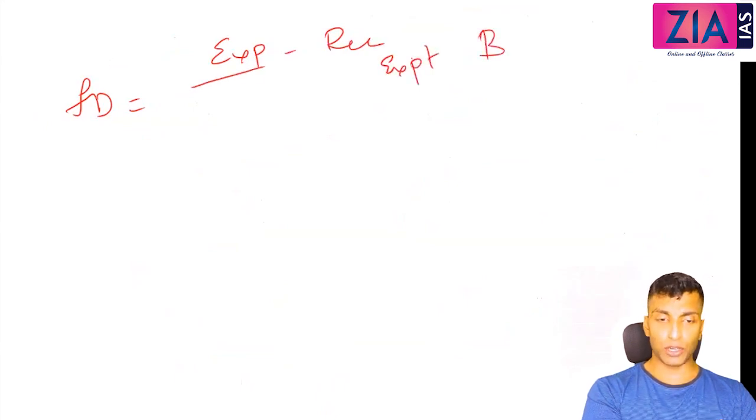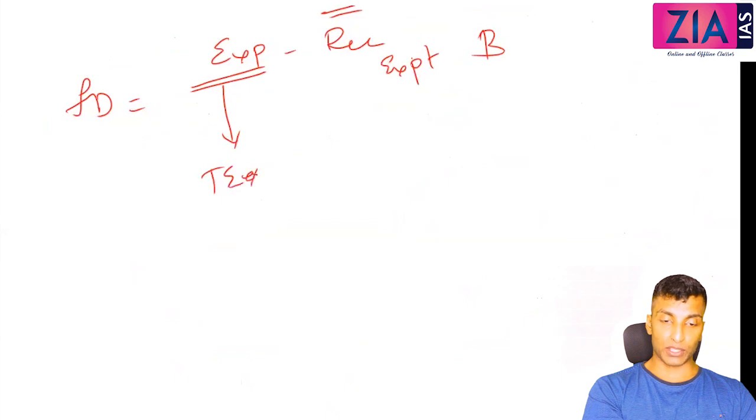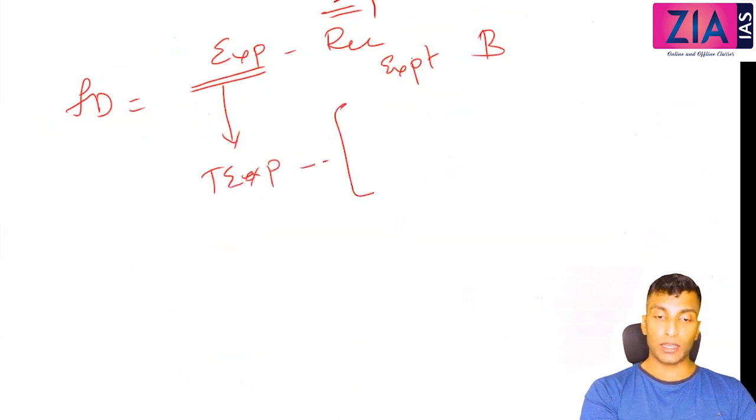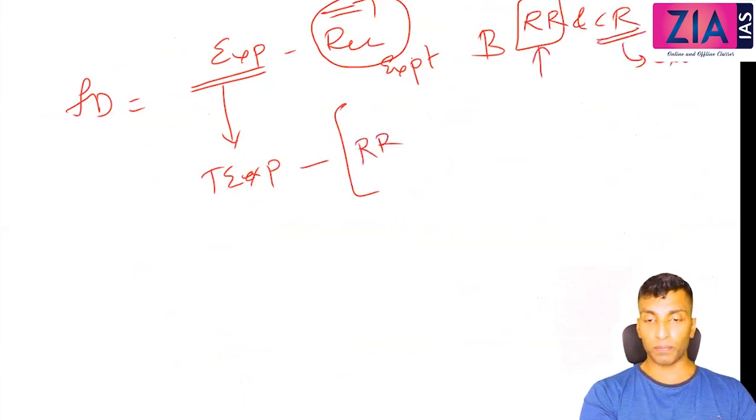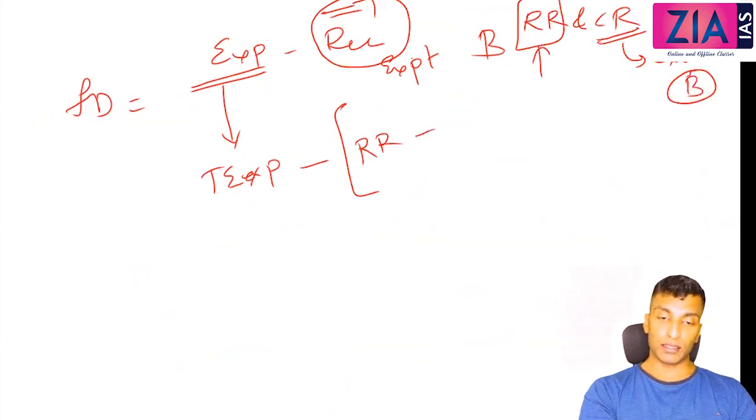So total expenditure minus total receipts, in which revenue receipts and capital receipts will come. I can take revenue receipts completely. From capital receipts, I need to exclude the borrowing part. So what I can write is revenue receipts plus non-debt creating capital assets.